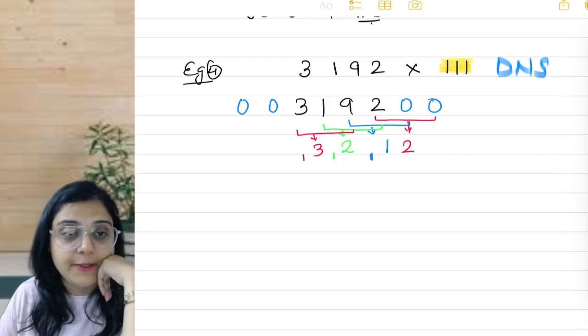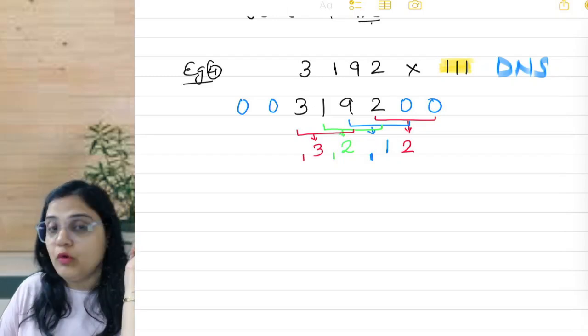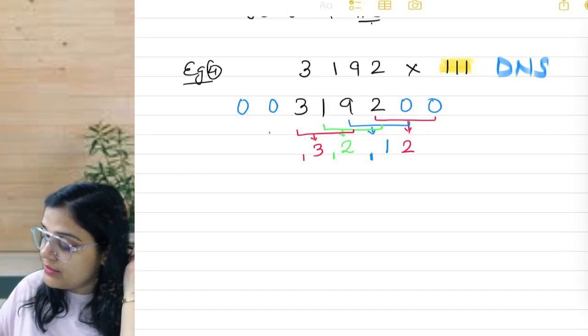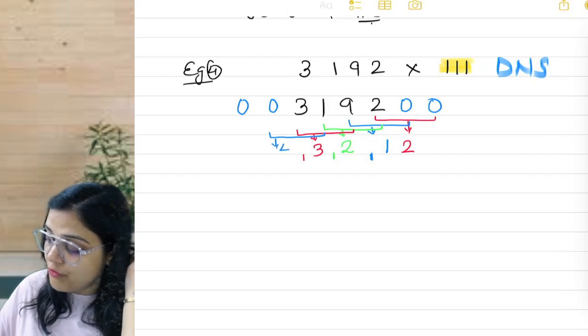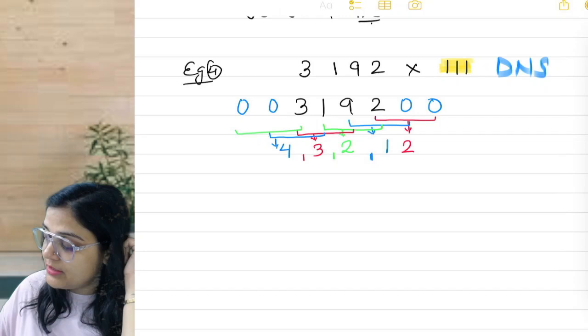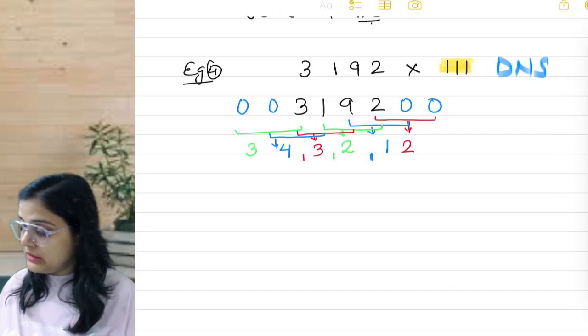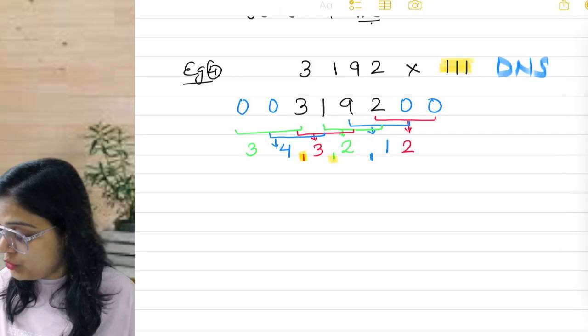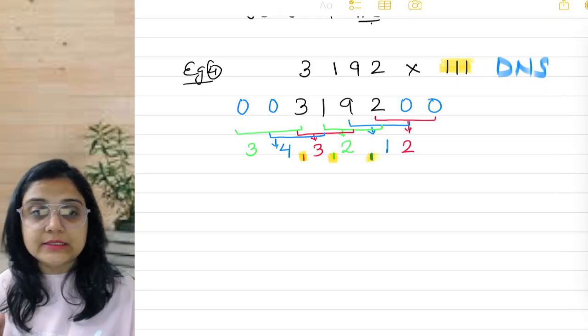So 1 is carry. Carry in the left lower foot. And then we have to add the next 3 numbers. So that is 0 plus 3 plus 1, that is 4. And then finally we have to write the last 3 numbers, that is 3. So see, we have carries at 1, 2, 3 places.